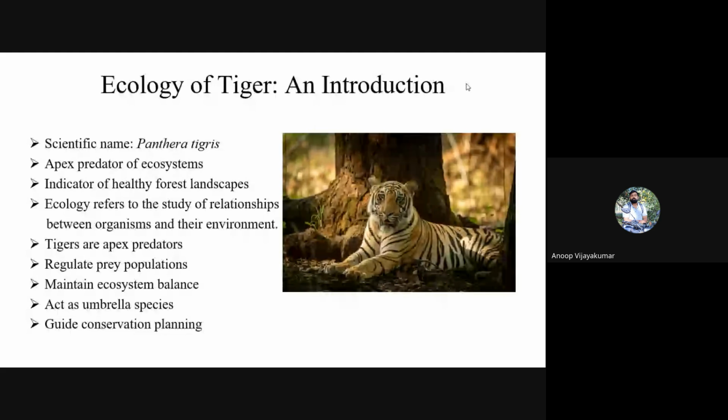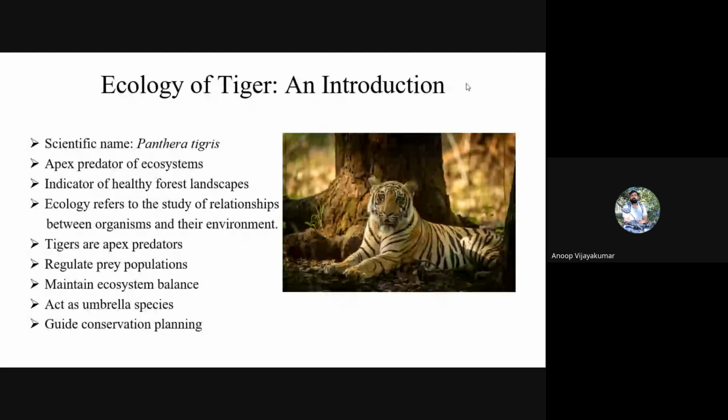So when we have a good forest, we will have a good catchment area. When we have a good catchment area, we will have water in our rivers and dams. Especially if I talk about the rivers in Kerala, the 44 rivers all come from the Western Ghats only. So I can easily say that in Kerala we are getting water because of tiger.